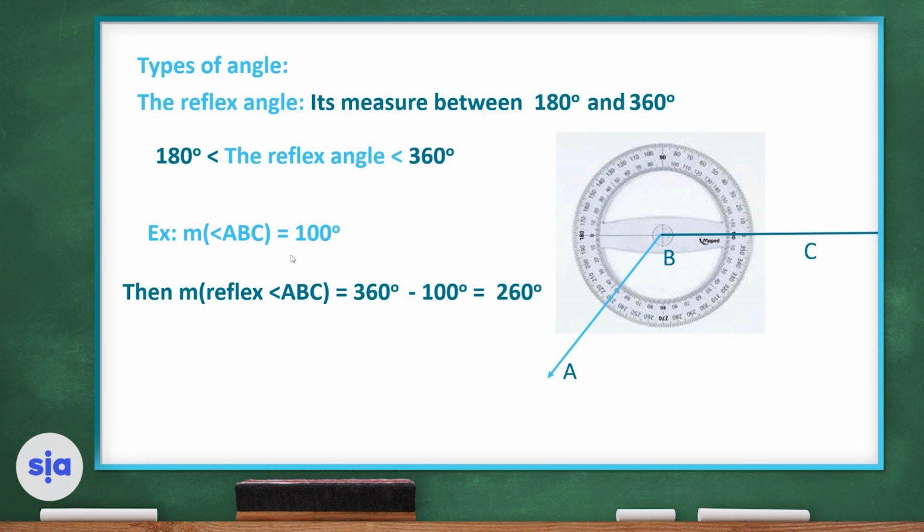So if the measure of the angle is less than 180, to find its reflex angle, it's 360 minus the given angle. Let's go to exercise number 1.